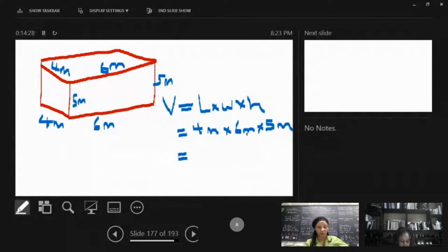So 4 times 6 is 24, and 24 times 5 is 120 meters cubed. Now, what about the other 4, 6, and 5?